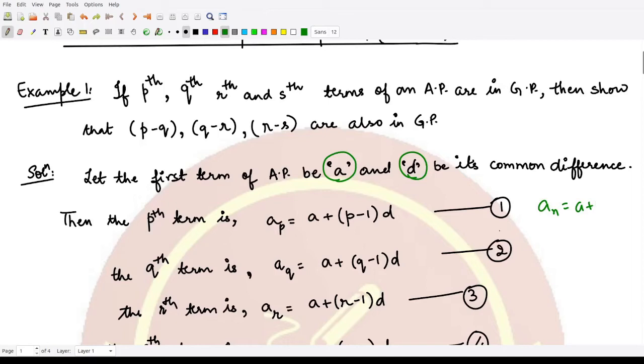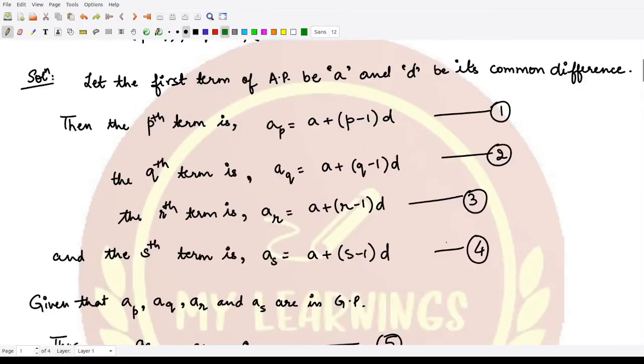Similarly, you may write the Qth, Rth and Sth terms, and mark them as equations 1, 2, 3 and 4.